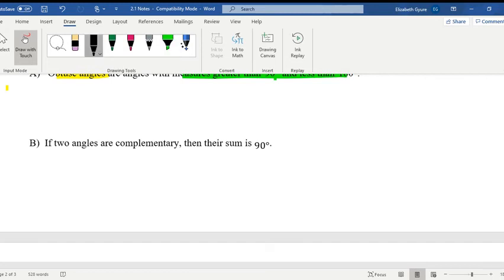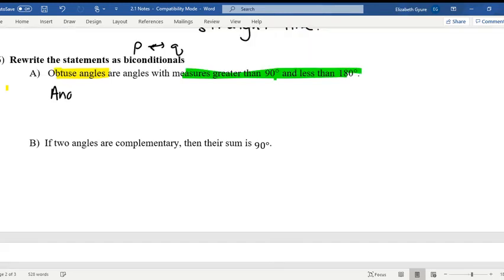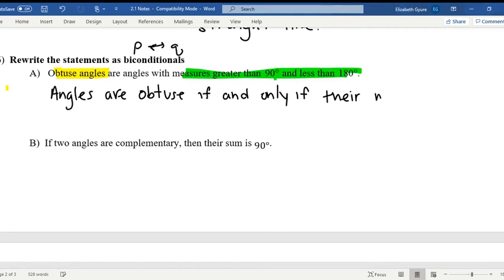There's a few different ways to write it, but don't write nonsense. Make sure it is a logical sentence. So we're going to say angles are obtuse if and only if their measure is greater than 90 and less than 180.